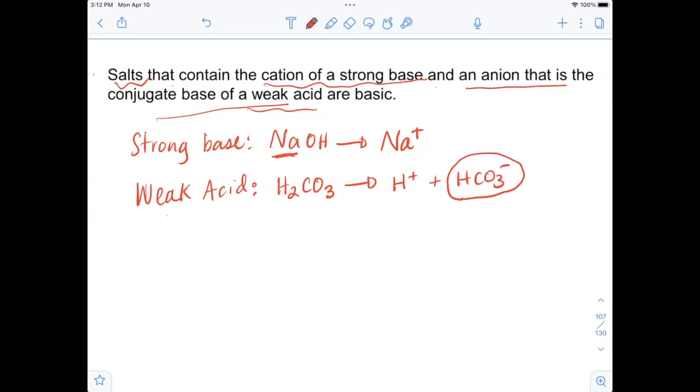So we combine the anion from the weak acid and the cation from the strong base, and we get our salt. So now we can go back and read this statement, right? These two make up our salt, and our salt will look like this, sodium bicarbonate, right? Because you essentially took the sodium ion, combined it with the bicarbonate ion, and then crisscrossed to get this compound.